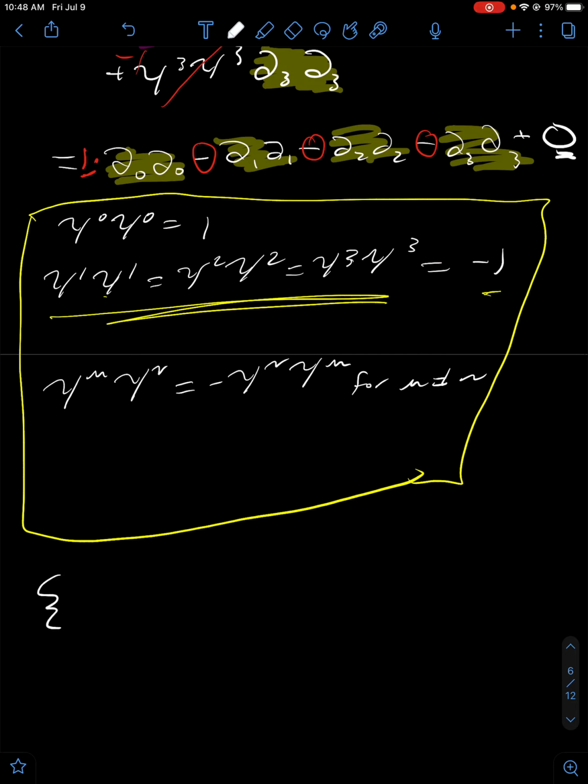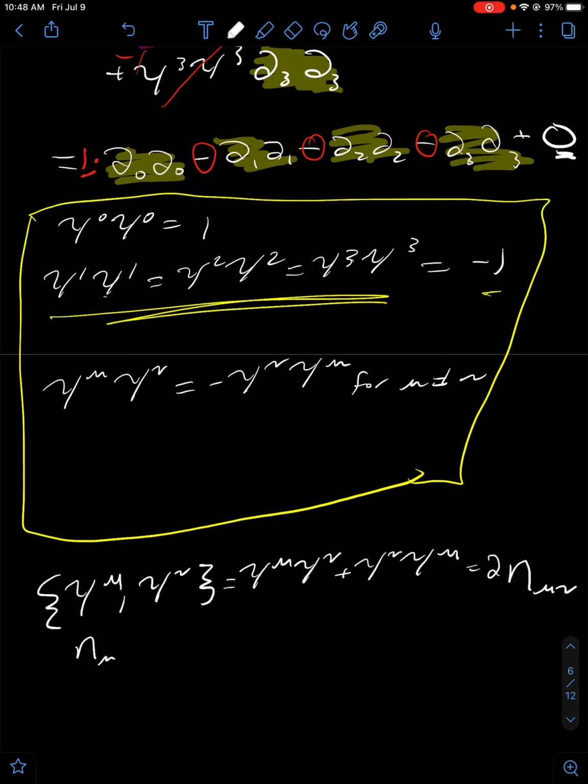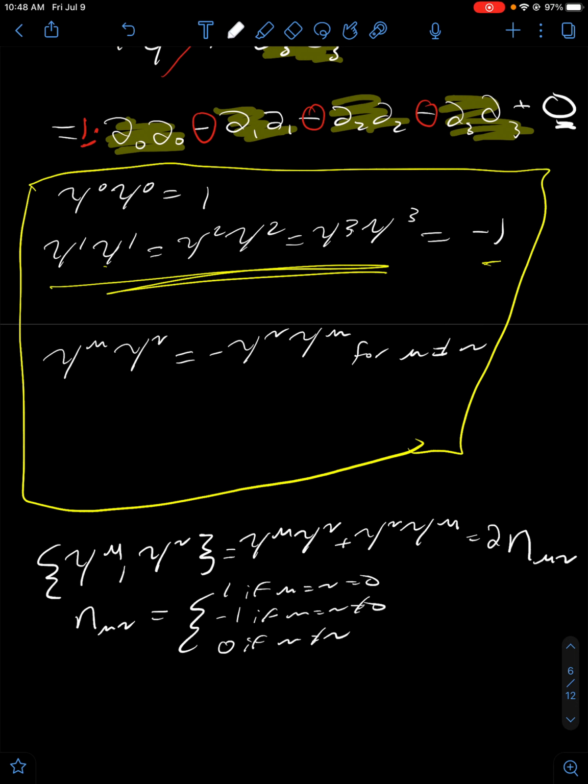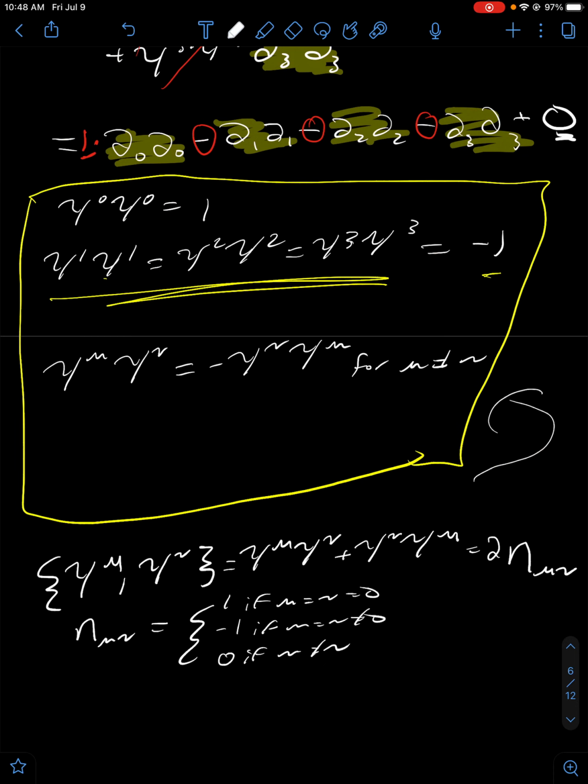You can take the anticommutator of gamma mu and gamma nu, that equals gamma mu gamma nu plus gamma nu gamma mu by definition, which equals 2 times the Minkowski metric mu nu, where the Minkowski metric mu nu equals 1 if mu equals nu equals 0, minus 1 if mu equals nu and does not equal 0, and 0 if mu does not equal nu. Now, how does this commutation relation tell us these 3 statements?